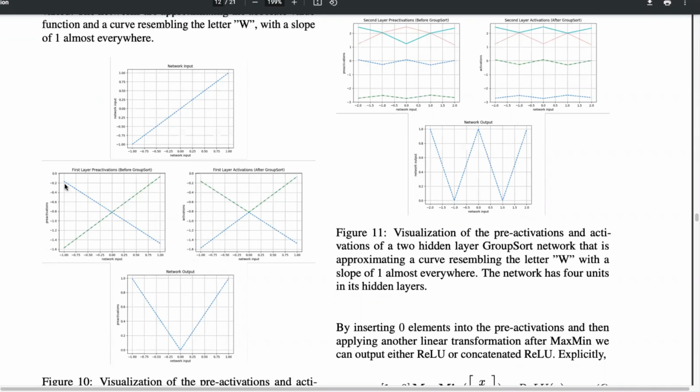And if I sort them, you can see that on the right. Basically, the green and the blue, the 2 units flip on the left-hand side. So I get this. And with this network with one hidden layer of only 2 units and a one-dimensional input, they're able to read out in the output something that looks exactly like the absolute value function.